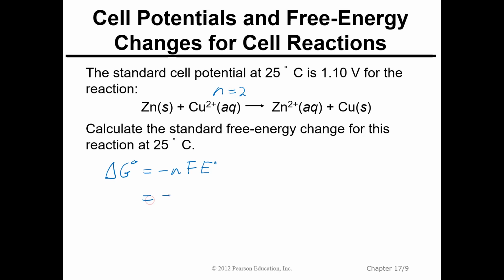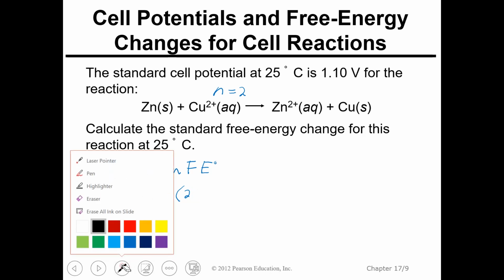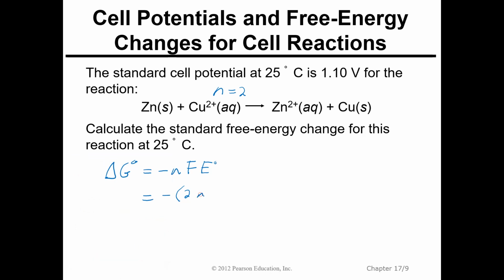So let's write that out. 2 moles of electrons times the Faraday constant, which is 96,500 coulombs per mole of electrons, times 1.10 volts.